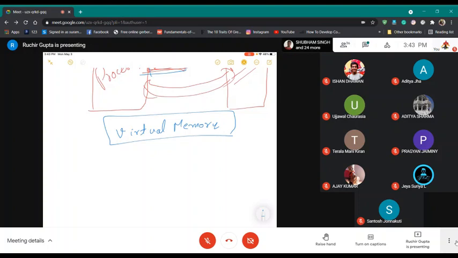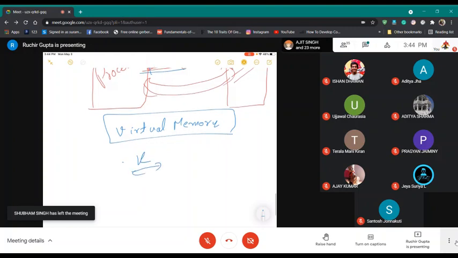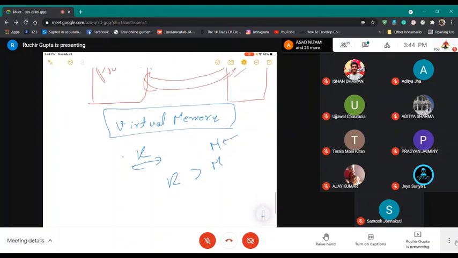Any idea from anybody? So, if you have, let's say, k addressing capability, and you have memory of, let's say, m size, where k is greater than m, and when I say memory, I mean primary memory.